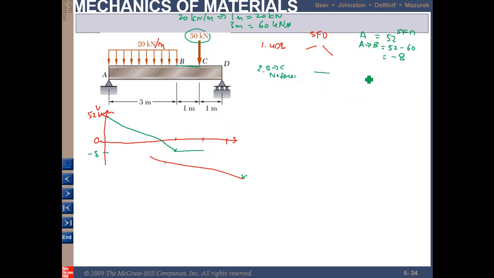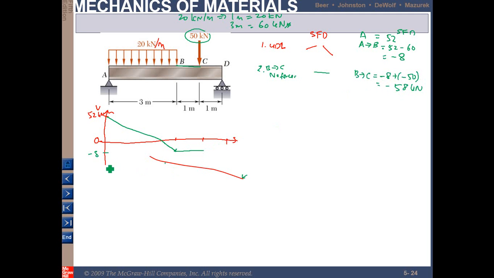So from B to C, because you give 50 kilonewton, you have to add the minus 8 with minus 50 kilonewton. So you get minus 58 kilonewton.